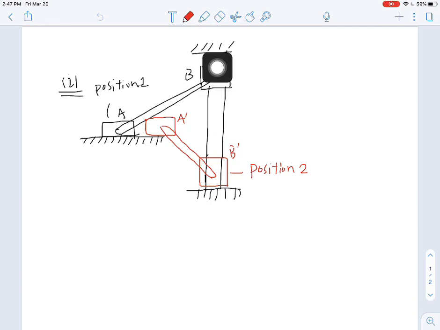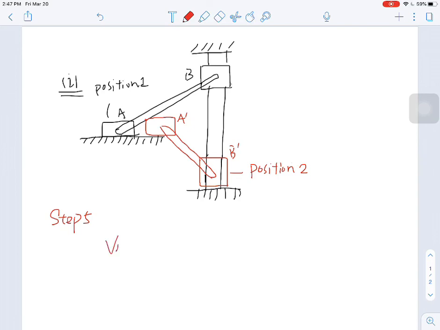So in this case, you can still follow steps 1 to 5 to build your equation, but once you finish step 5, you will realize you have two unknowns.